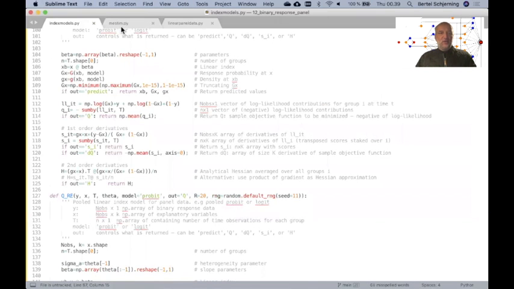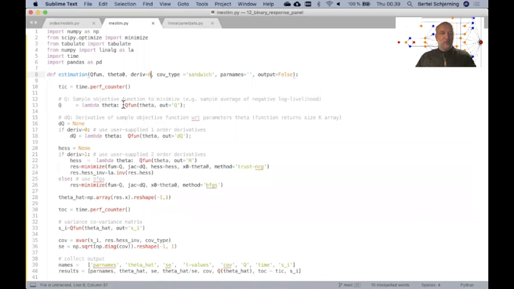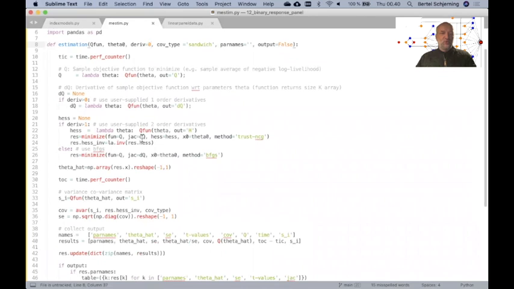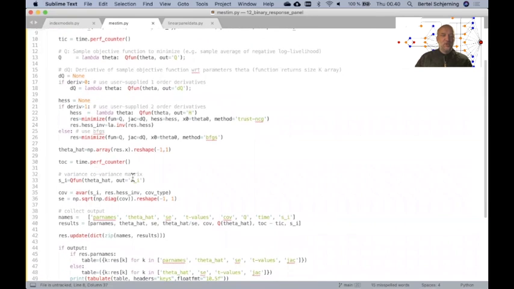The M estimator is essentially specifying the objective function and the derivatives, and throwing that after the minimizer. In case you have a Hessian, you also throw that in, and then that's going to give you the parameter estimates, and then you unpack all the stuff and calculate variance covariance matrices and put the stuff into some structure, so you can use it in your output.